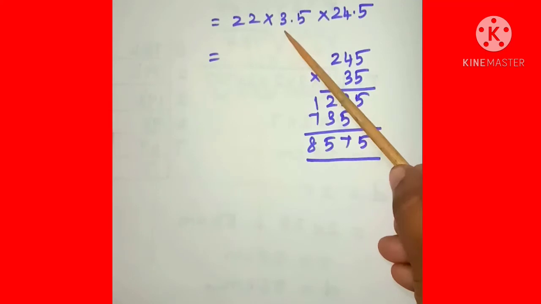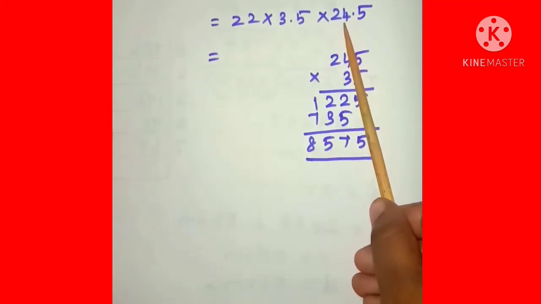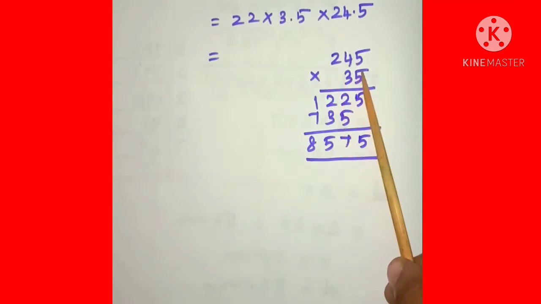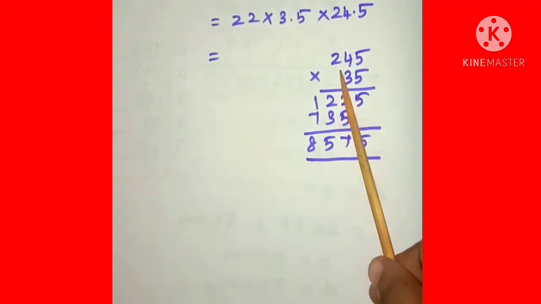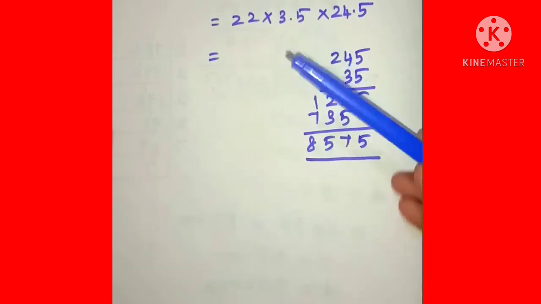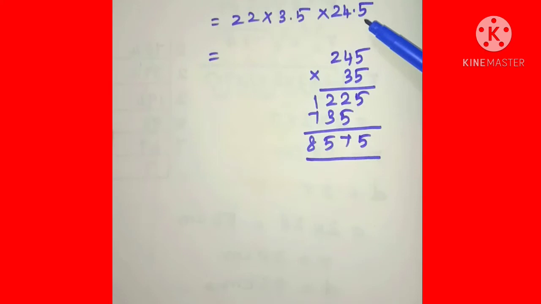And in the next line, we have to multiply 3.5 with 24.5. While multiplying, we leave the decimal point, and after that in the solution we can put the decimal point. So 245 into 35, when we multiply these two values, we get 8575. Now we have to put the decimal point. In the first number there is only one digit in the decimal part, and in the second number only one digit in the decimal part.